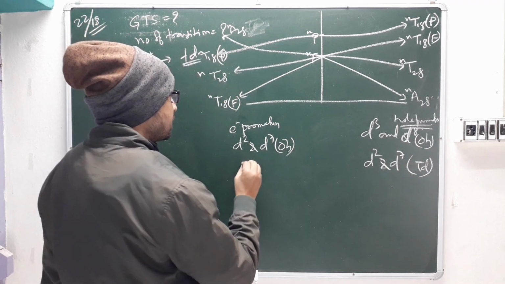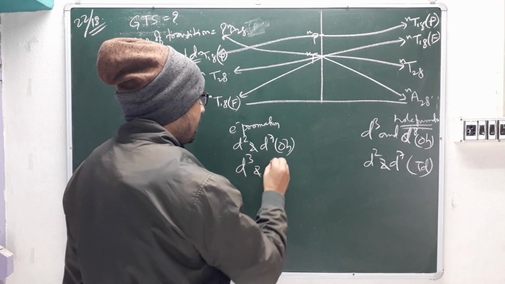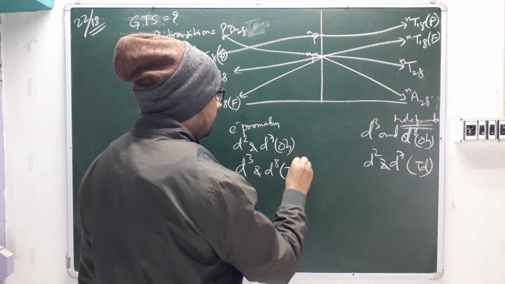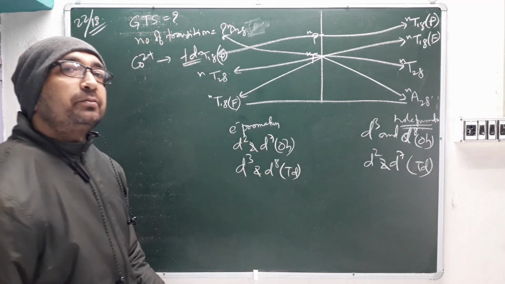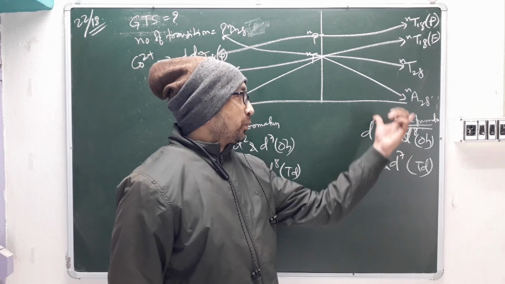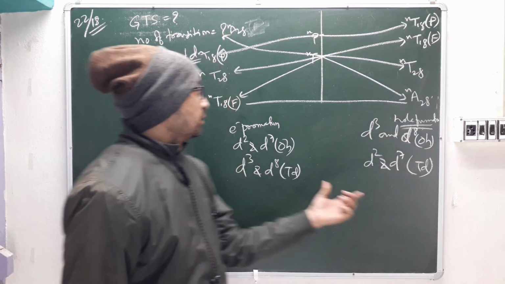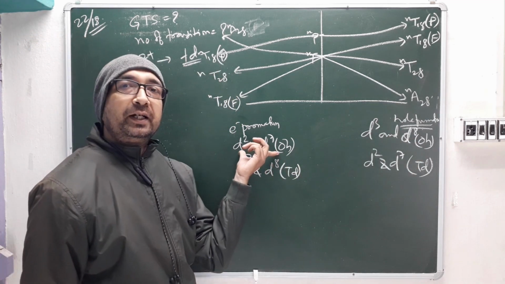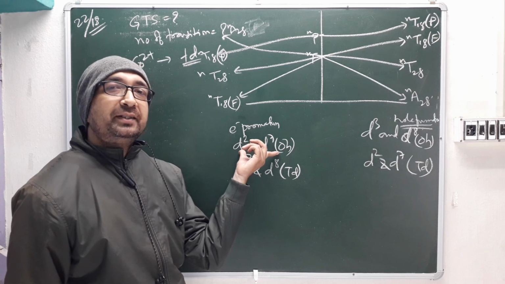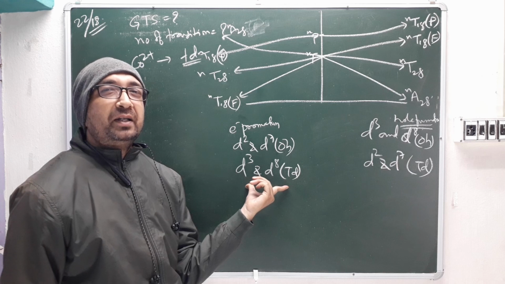If it is D3 and D8 for tetrahedral, this will fall this side. So it is very much similar. Whatever octahedral is falling this side, the opposite will be for tetrahedral. Okay, so it is very much easy.